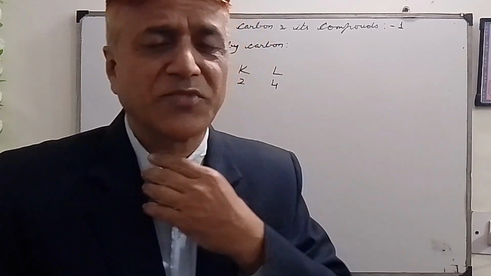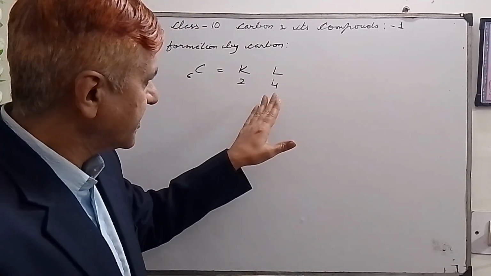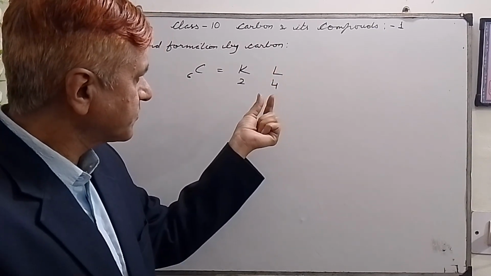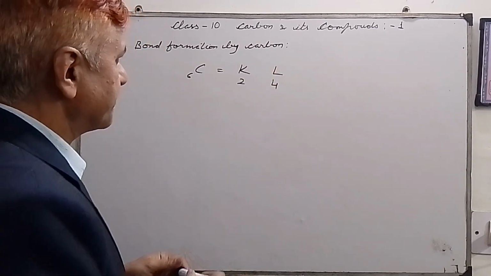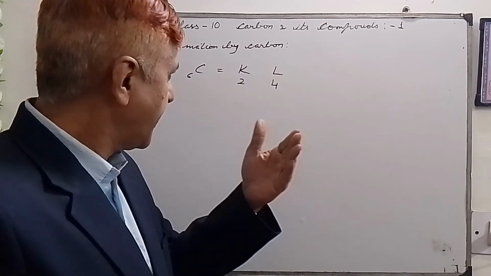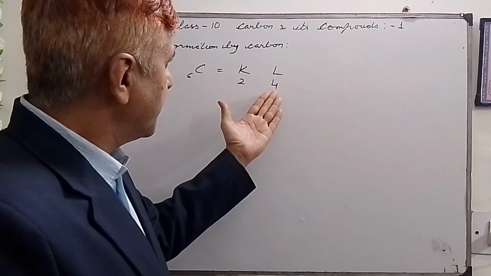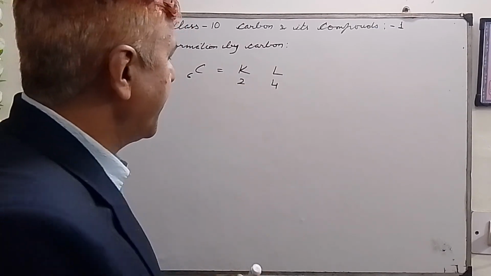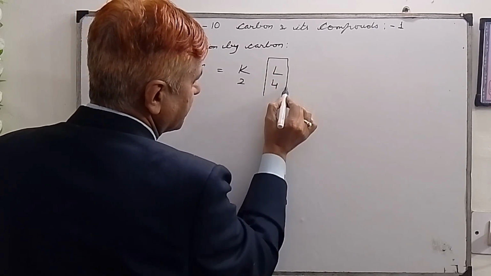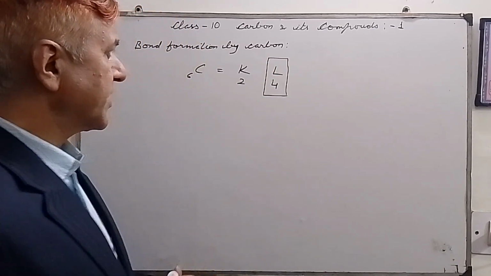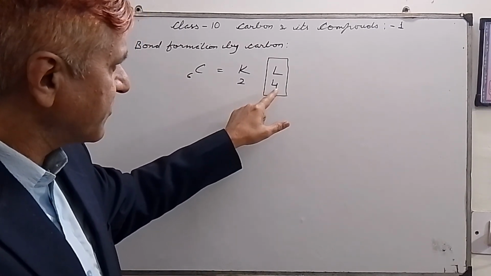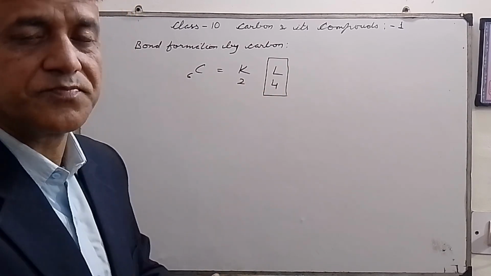Now my dear students, I am going to tell you a very important thing: why does an atom combine with another atom? An atom combines with another atom if its outermost shell is not completely filled. You can see that in the outermost shell of the carbon atom we have 4 electrons.